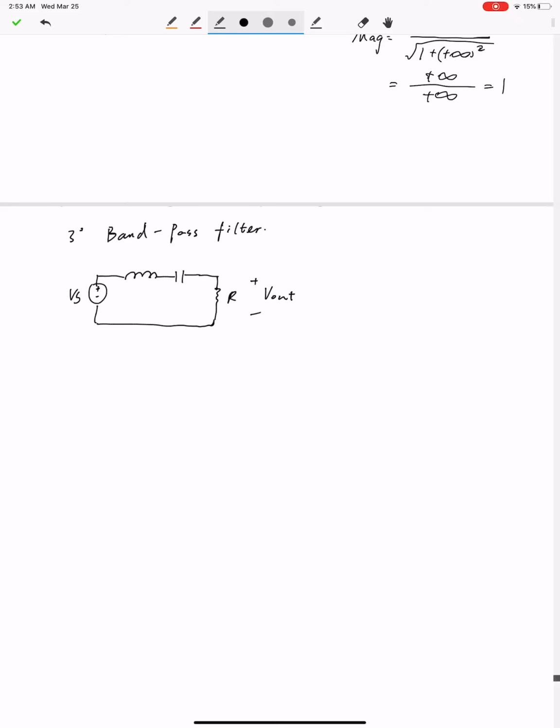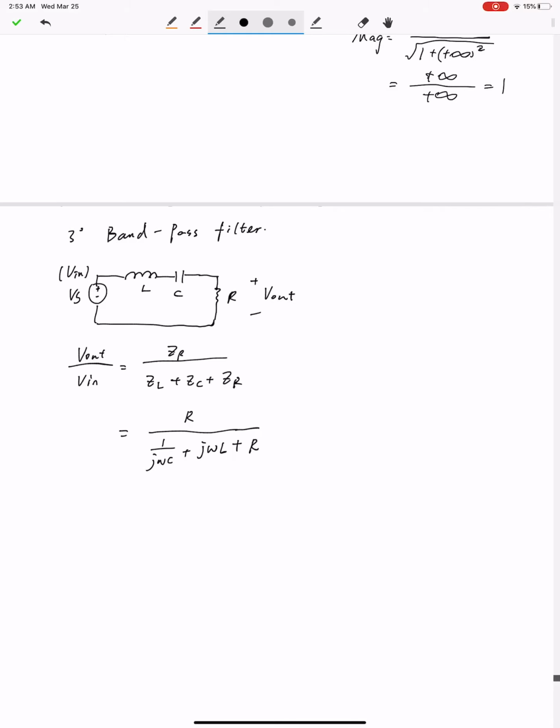And the output is the voltage on the resistor. The input is still Vs. So just like the other two filters, we can find the transfer function of this circuit, and that will be ZR divided by ZL plus ZC plus ZR, and that equals R divided by 1 over j omega C plus j omega L plus R.